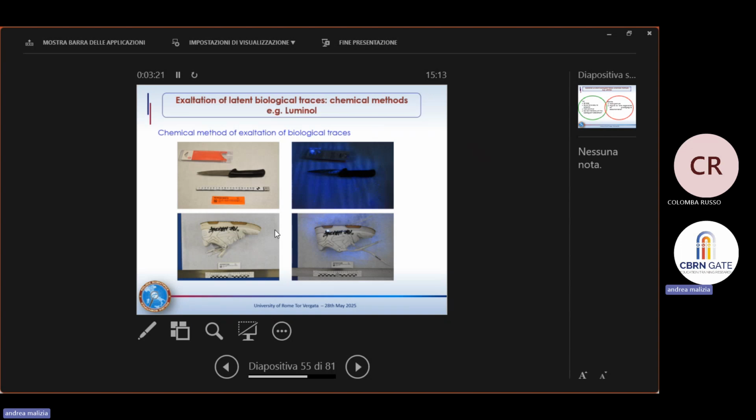Some blood was found on the shoes of one of them. But the important thing is that it is not possible to find it by eye, but it's possible to find it using luminol, as well on the knife. Okay, this is the power of this very powerful instrument.